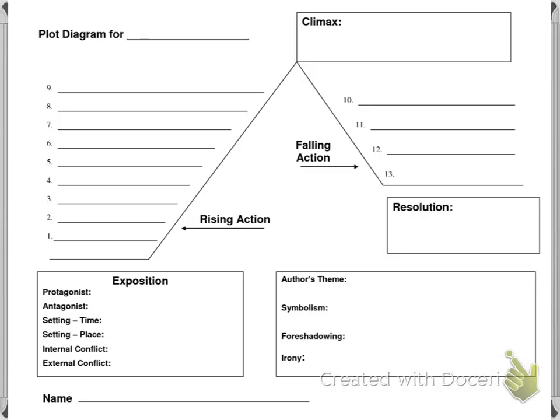Alright, so real quick I'm going to show you a picture of our plot diagram. So this right here is our plot diagram. And this is what we'll be using for our story. So for the first one, Contents of Dead Man's Pocket, we'll be putting it up here. Typically, they give you 9 slots right here to mention the rising action, but there's not always that much here, so don't worry about that.